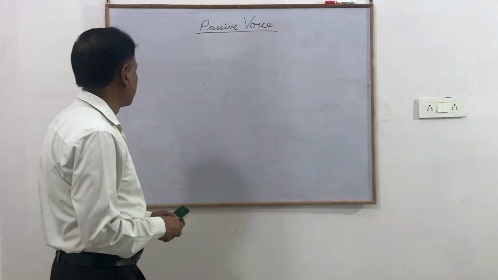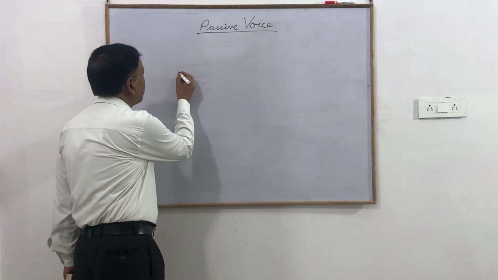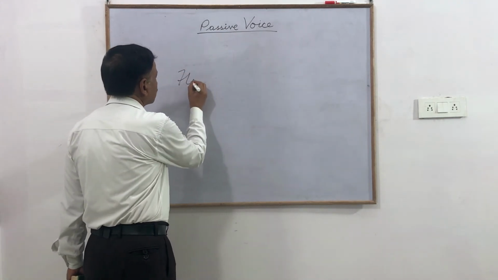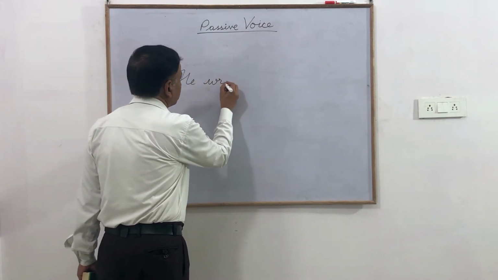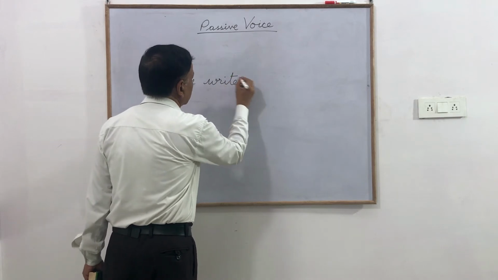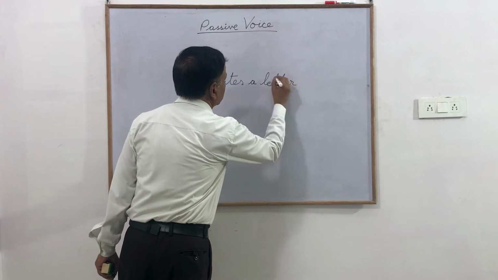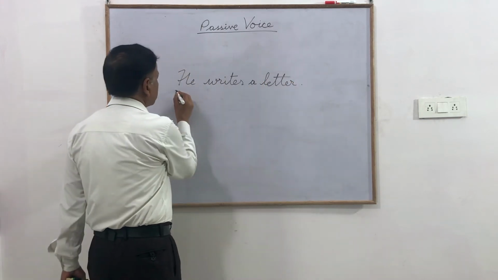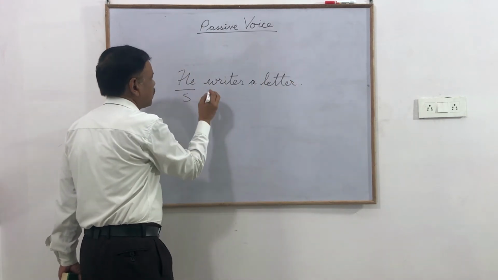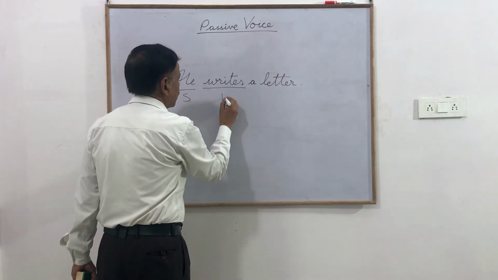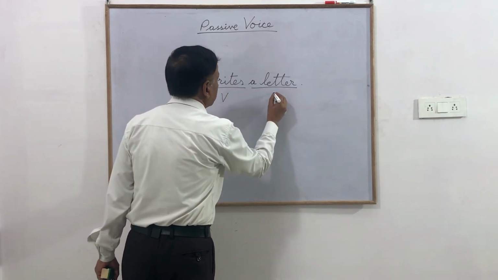Suppose I say, here the same sentence we will: He writes a letter. He writes a letter. Now here he is the subject, writes is the verb, a letter is the object.